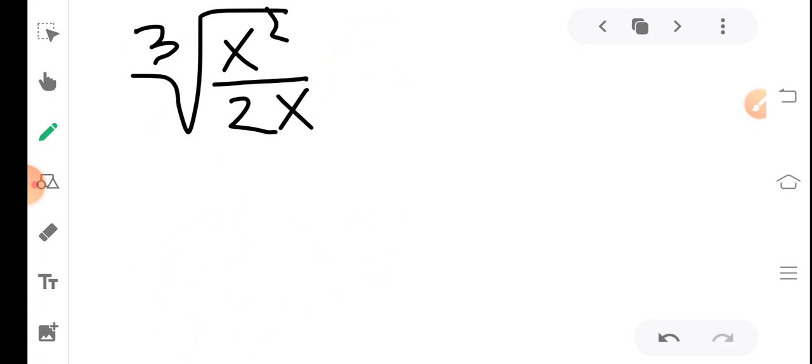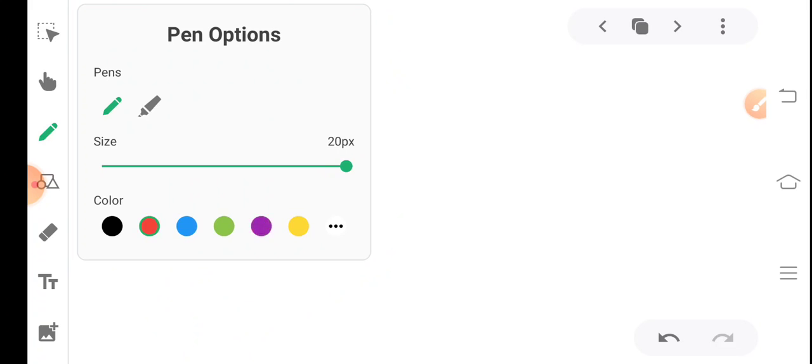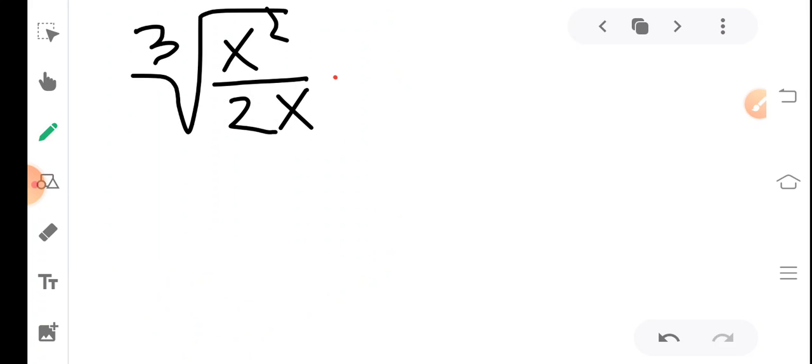Okay, how are we going to simplify or evaluate this expression? We are given the cube root of x squared over 2x. We have to make their indexes the same. So what are we going to multiply with 2 that will make it a perfect cube?